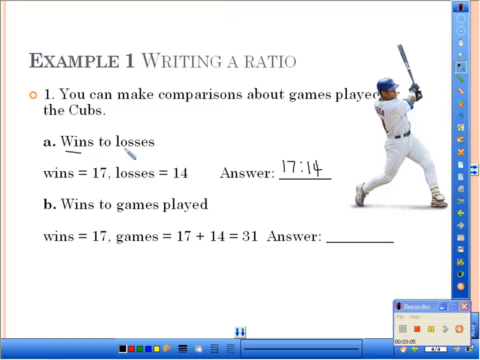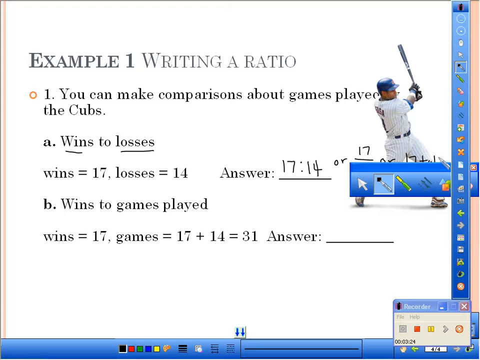Notice the question asks us to go from wins to losses, so we wrote the wins first, losses second. Another way you could write it is using the fraction version, which would be 17 over 14. The third way you could write it is using words. We would say 17 to 14.